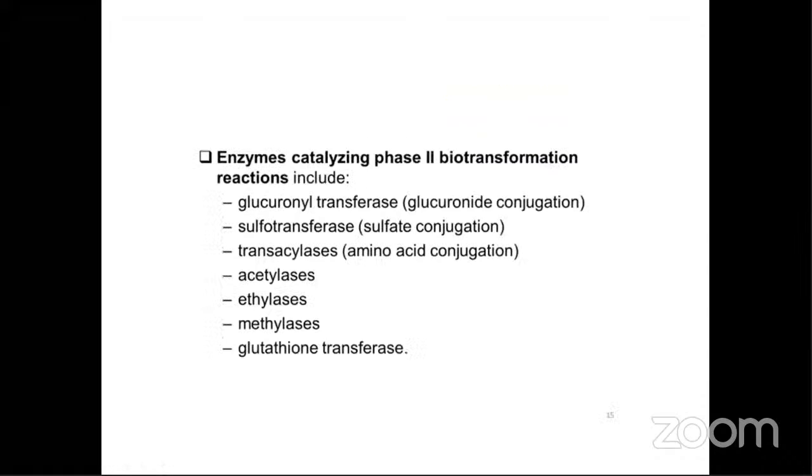Next, enzymes catalyzing phase 2 biotransformation. What are the different enzymes involved in phase 2? One is glucuronide transferase, required for glucuronide conjugation. Sulfotransferase is required for sulfate conjugation. Transacylase is required for amino acid conjugation.